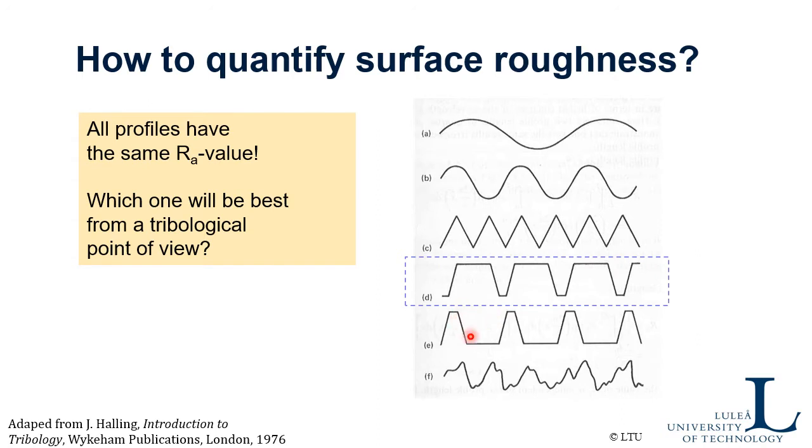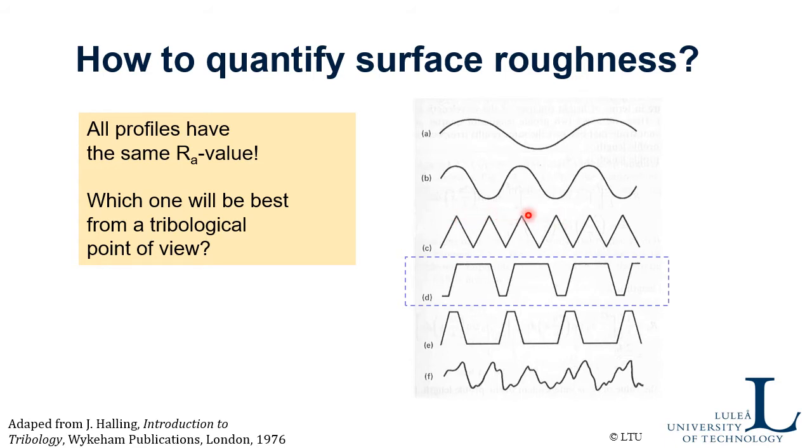If you compare it to the E1, which is the same surface but just flipped upside down, you can see it's much less area here to carry the load, so the pressure will be much higher up here than up here on this bigger part. This one will be poor, of course, because you will carry the load on peaks like this, and the pressure will be very much concentrated.